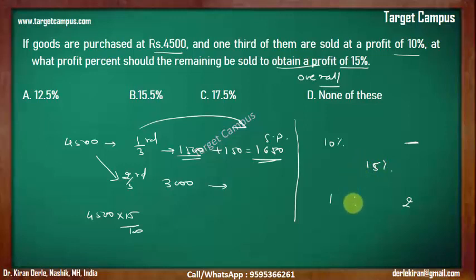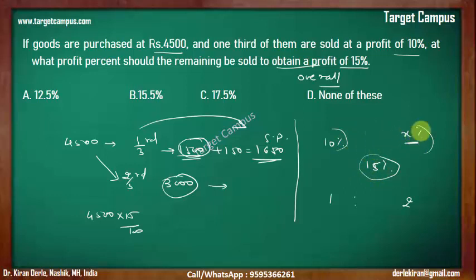So this is what allegation is. As we are seeing here, 1,500 and 3,000, the ratio is 1:2. On this part the trader has got 10% profit. On this part we are asked to calculate, but the overall profit percent is 15%, so allegation will definitely work here.